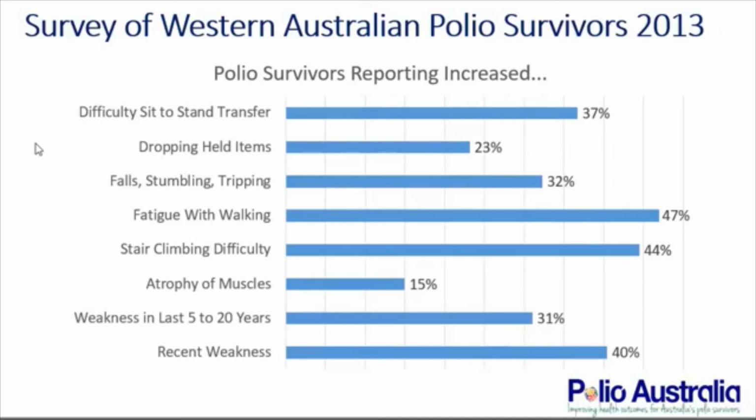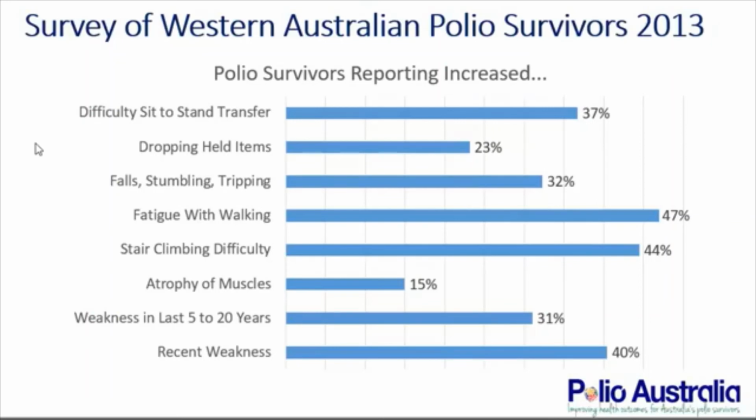It's important to point out here, atrophy of muscles seems a little bit out of place. However, when you think about those who use bracing and calipers and supports on their limbs, there's a change in volume of the limb, whether it increases or decreases, and the fit of that brace or caliper changes. It changes the dynamics of how you use it and affects your stability and increases your fall risk.